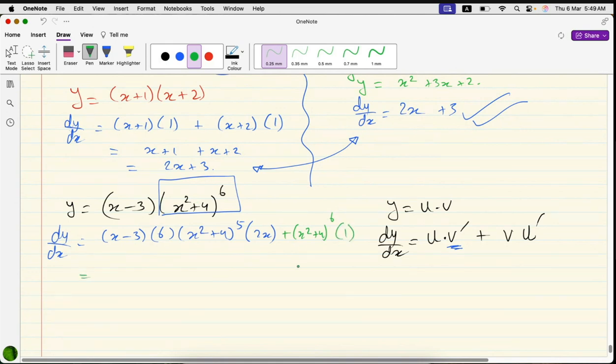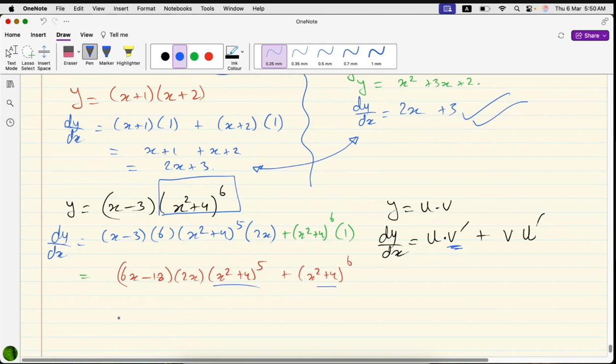And now we simplify this part. Or we'll have that find the gradient at point x equals 1, 2, or 3. We'll just substitute. So trying to simplify, this is 6x minus 18, still into 2x into (x squared plus 4) raised to power 5. And on the other side, (x squared plus 4) raised to power 6.